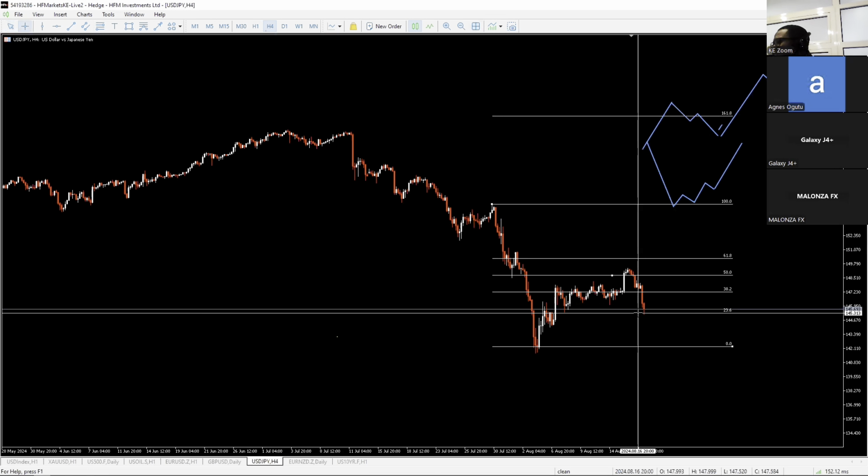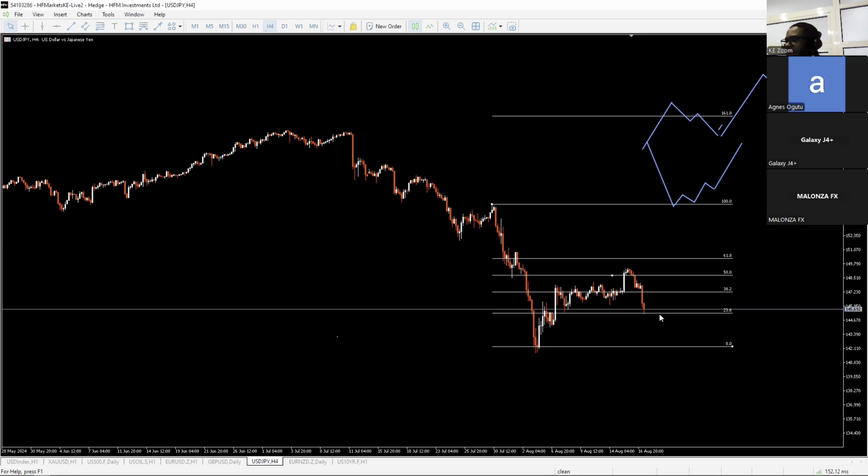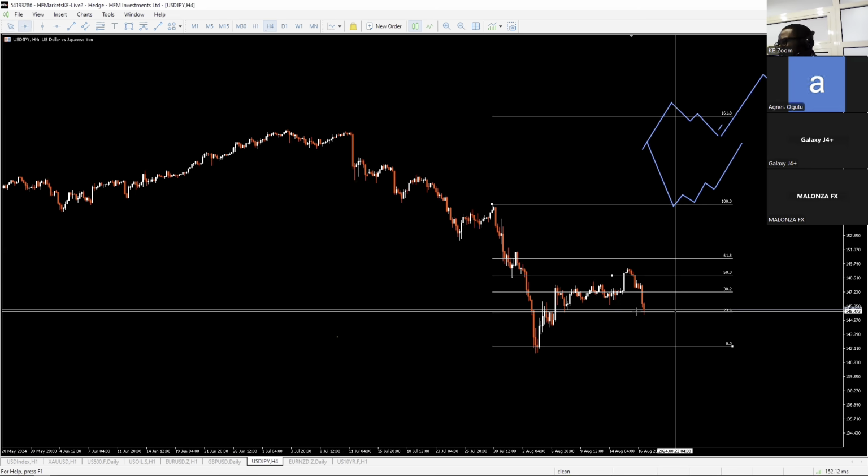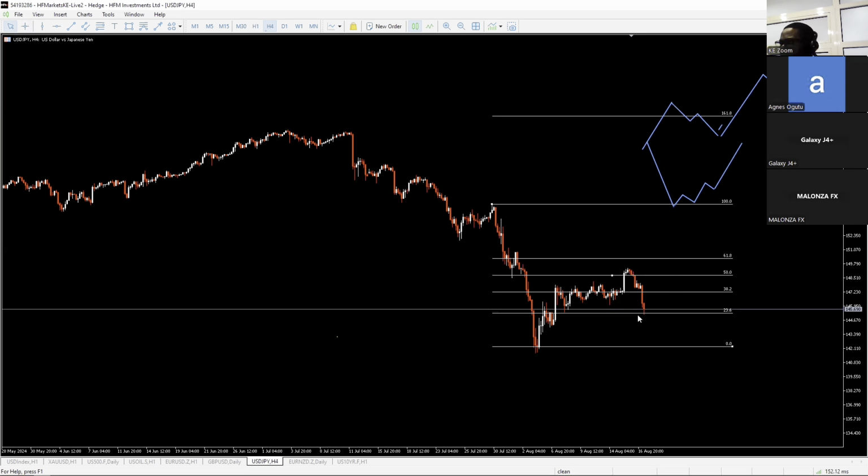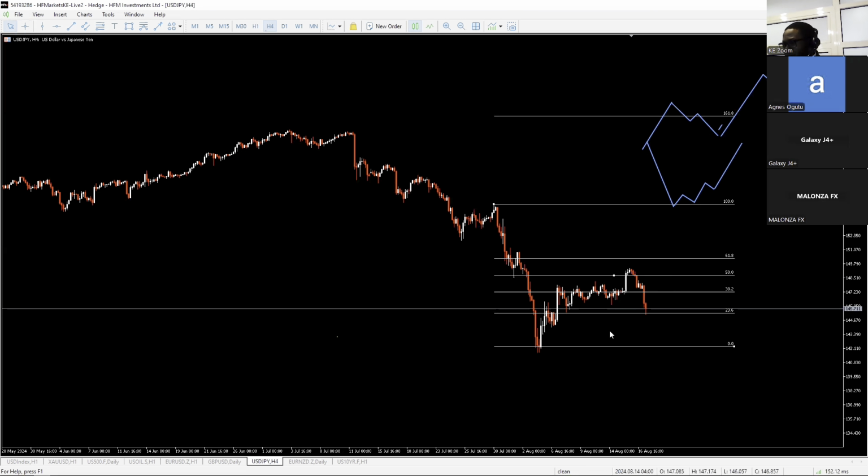So it will be interesting to see whether we'll have the dollar yen breaking below this key level here, giving us a good opportunity for a short trade, with the setup being a low risk entry setup, because I can short here, have my stop loss either above 23.6 or above 38.2, depending on my risk.